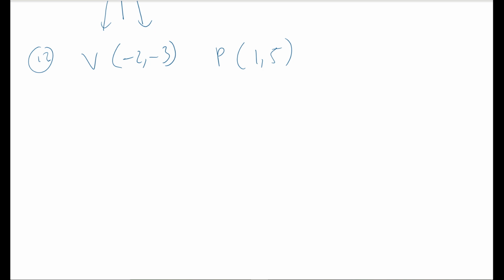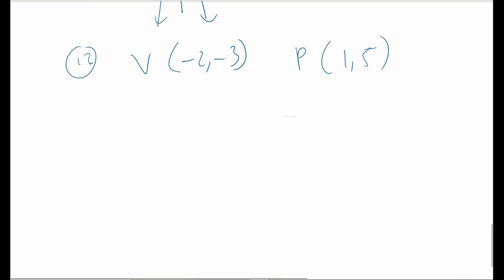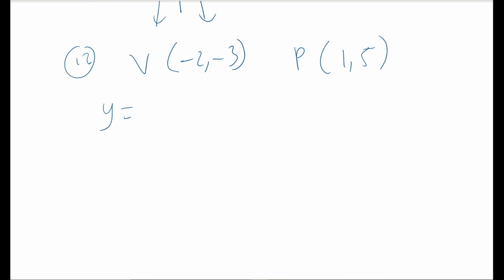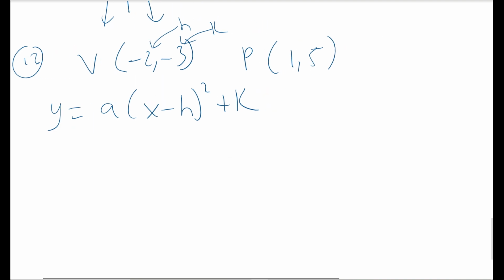Okay, so remember that the vertex form is given by y equals a times x minus h squared plus k. The vertex that they give you is h and k, so they already give you the h and the k. So we know here that h is negative 2 and k is negative 3. So we can plug that in.